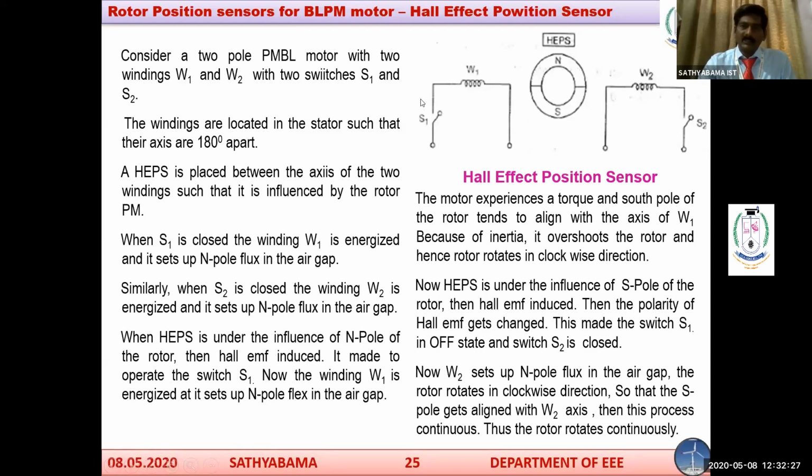This makes the switch S1 open and the switch S2 close. When S2 is closed, it produces a north pole flux in winding W2. As a result, the south pole of the rotor is again attracted and the rotor rotates again in the clockwise direction. This process continues, and as a result, the rotor rotates continuously.